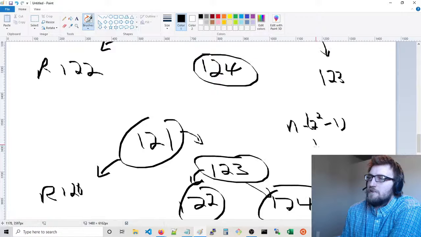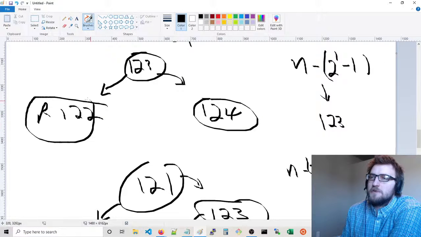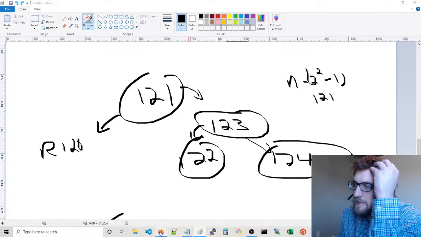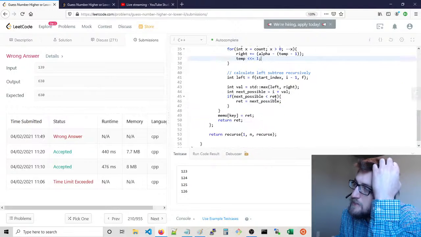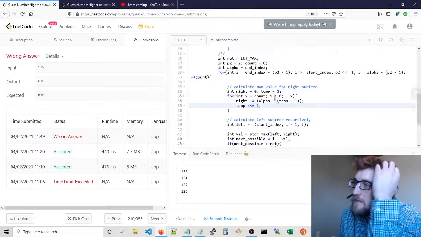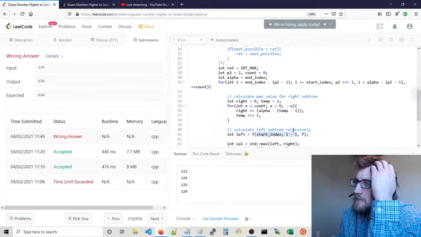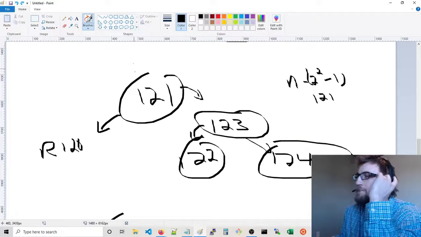N minus 3 is 121. Actually, it's minus 1 that we're supposed to recurse on. Subtract 1 to recurse on that, but I'm not sure if that really matters. I think we do that correctly, but anyway. Okay.